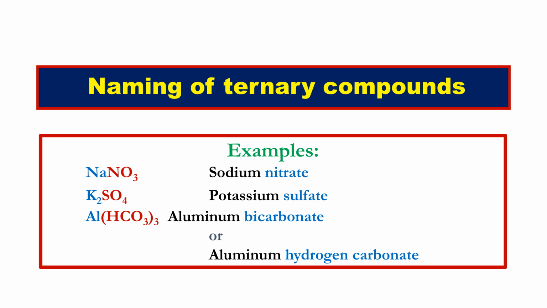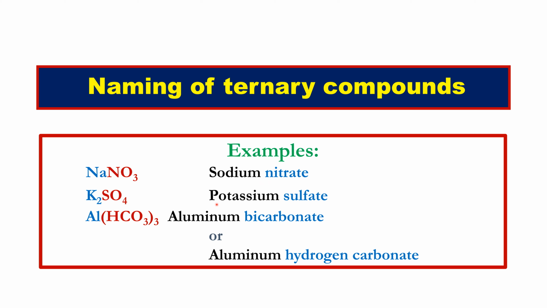Let's have a look at some examples. NaNO3, you first name the metal, which is sodium, and the last part, which are all non-metals, you name all of them as a polyatomic ion. So the name of NaNO3 is sodium nitrate.